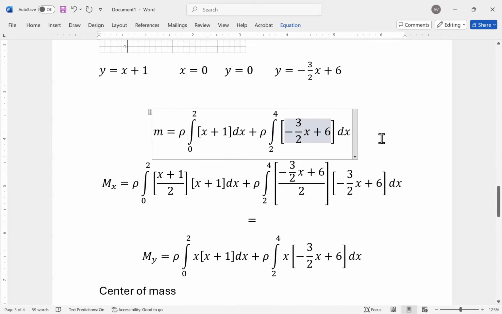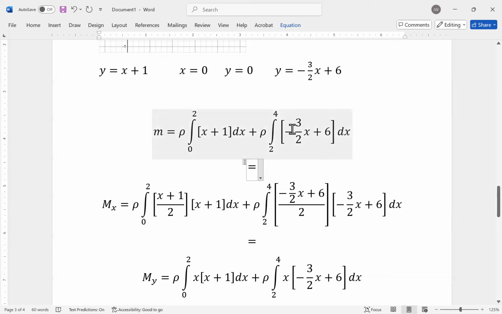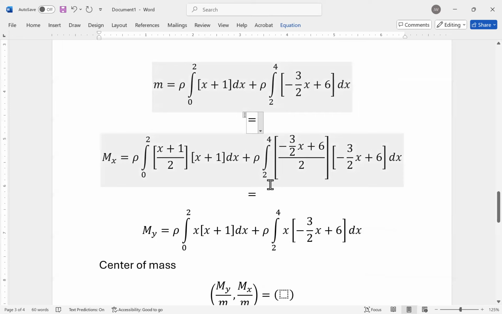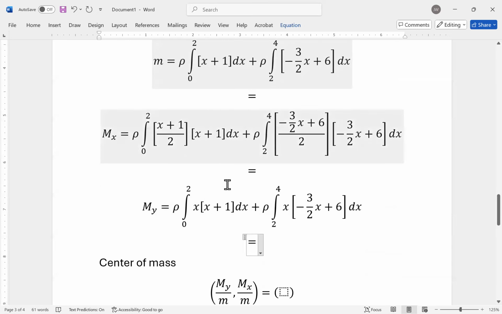So this is what we do. And in each case, we're going to add those two numbers up and give me a total mass, a total moment from the x-axis, a total moment from the y-axis. So we just calculate each one individually.